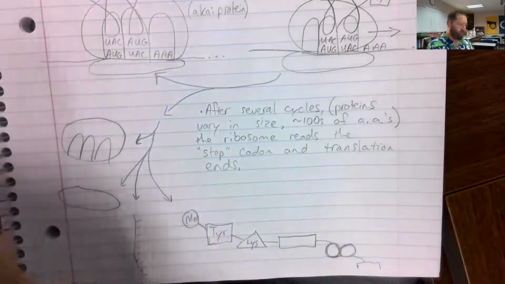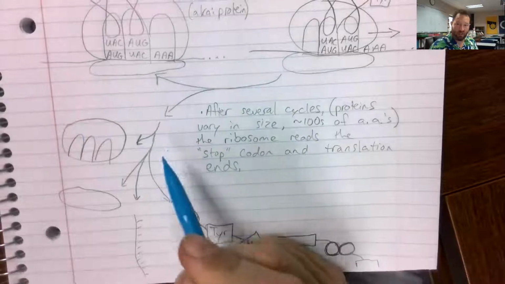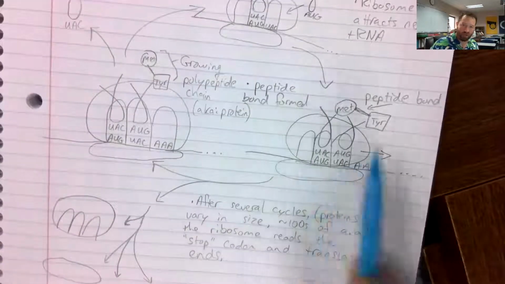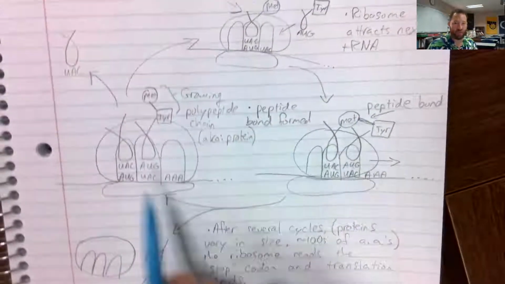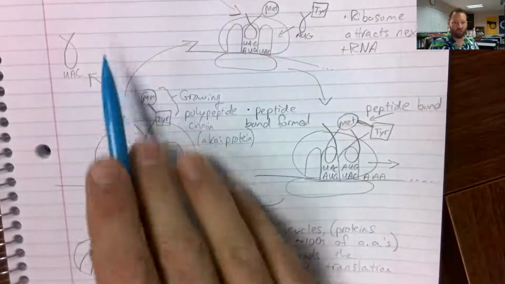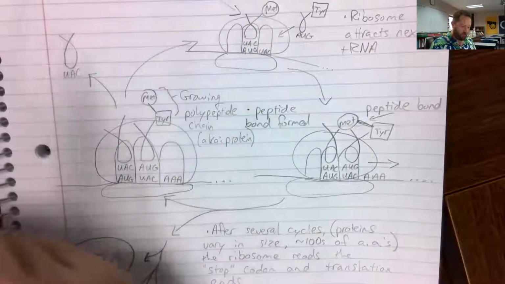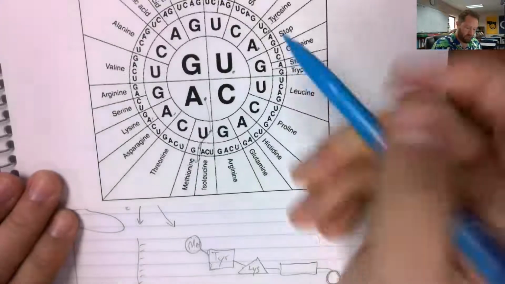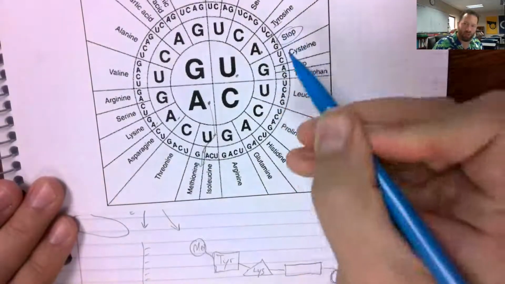Eventually, you're going to get to what's called the stop codon. So you're doing this process, you go through this cycle several times, get a longer and longer chain. But eventually, you're going to read the stop codon, and you'll notice there's actually three stop codons.